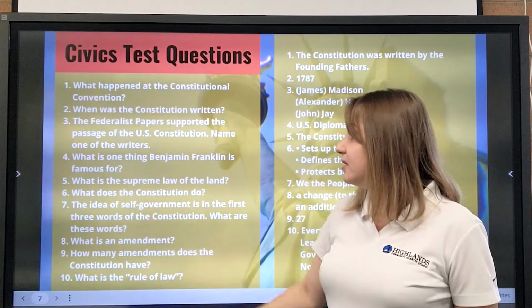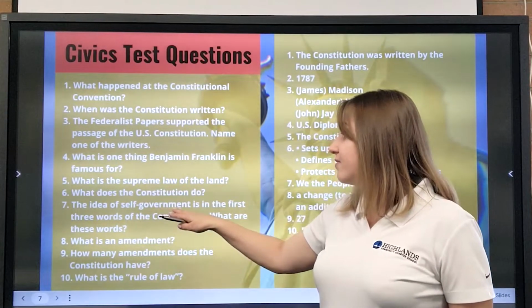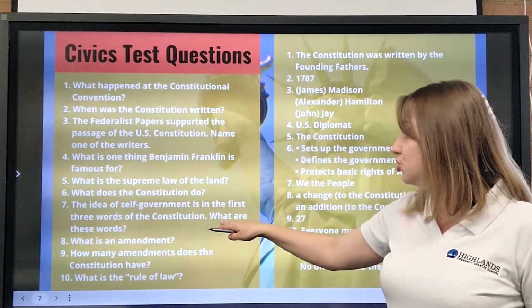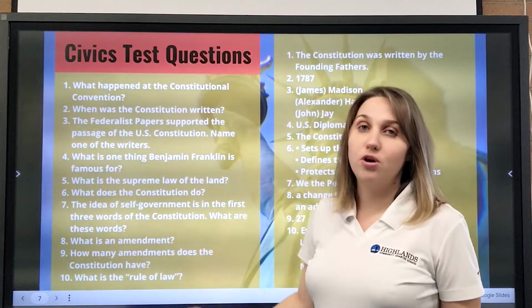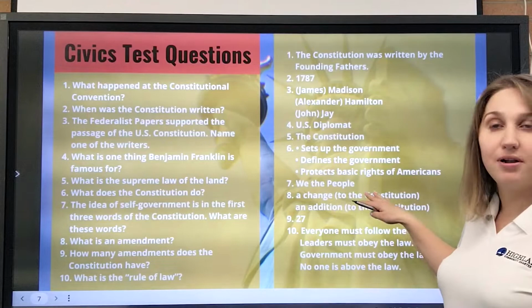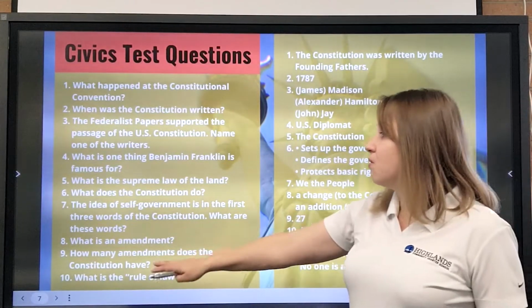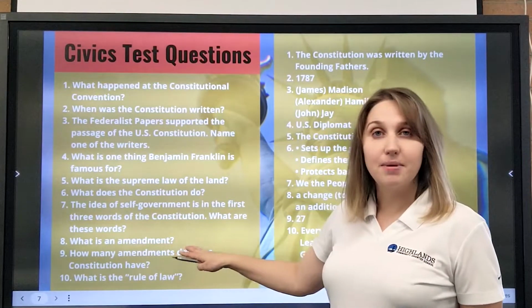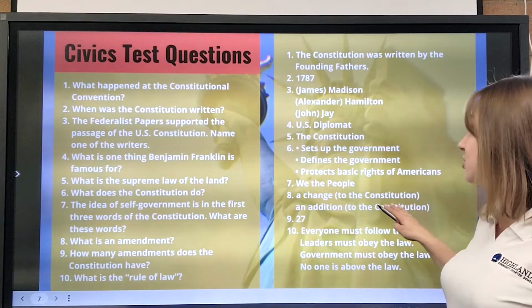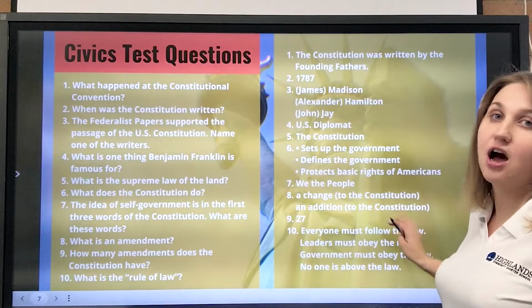Question number 7. The idea of self-government is in the first 3 words of the Constitution. What are these words? And these words are "We the people." The next one, what is an amendment? And as we learned, it's a change to the Constitution or an addition to the Constitution.